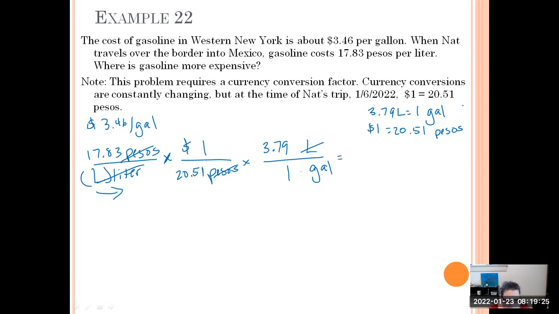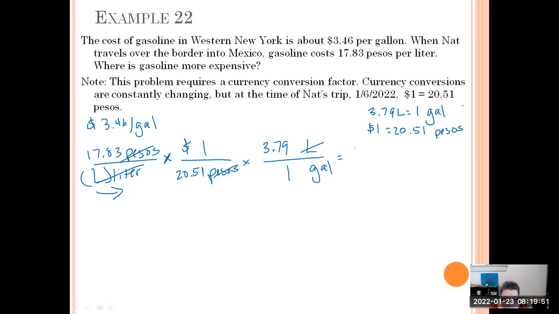17.83. Let's get my calculator. Times 1 times 3.79. 17.83 times 3.79. I got 67 point something, and I would typically not write any of this down because it's ridiculous, but just so that you can see it. I would typically go through and just divide by the 20.51 because that's the only thing in the denominator.